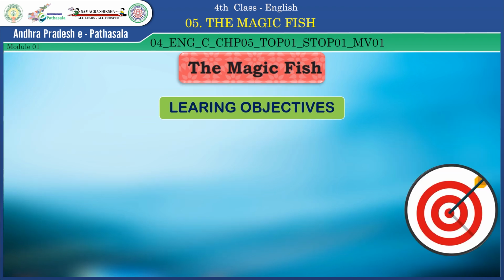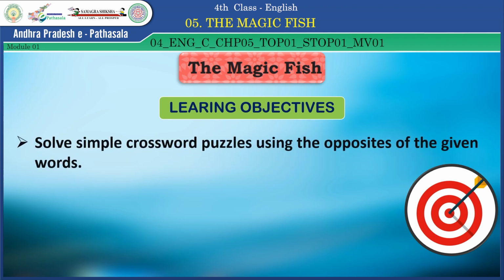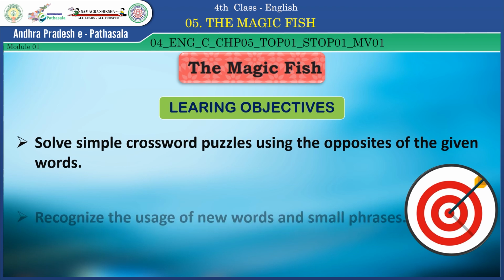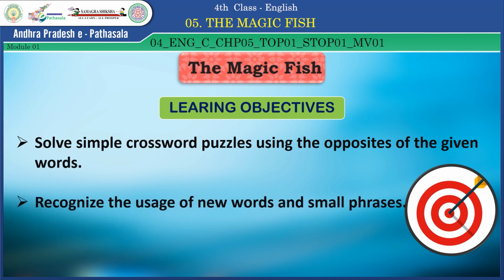Also, you will be able to solve simple crossword puzzles using the opposites of the given words. Recognize the usage of new words and small phrases. Practice tongue twisters. Okay children, let's see the pre-reading activity of the story.